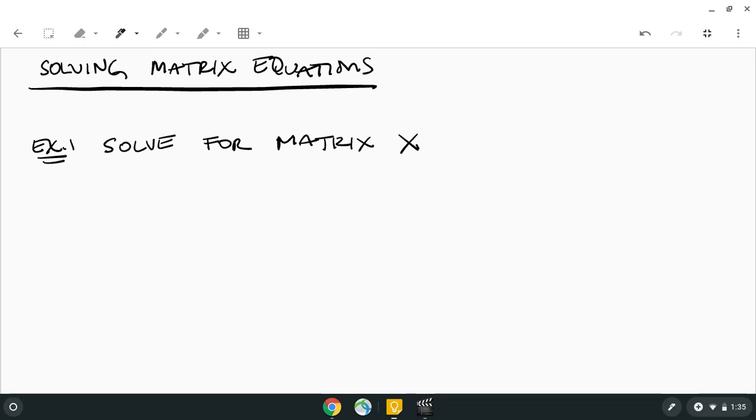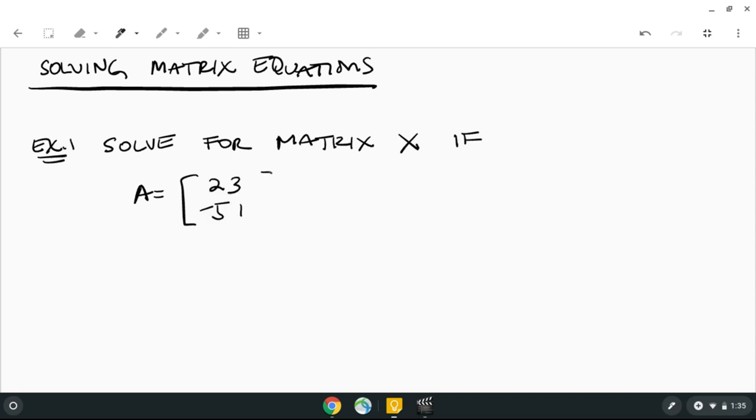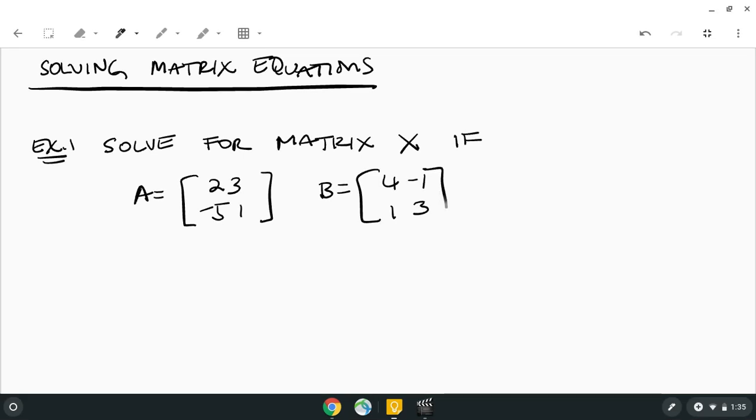Solve for matrix X if matrix A equals this matrix, 2, 3, negative 5, 1, and matrix B equals this matrix, 4, negative 1, 1, 3. And here is your equation.